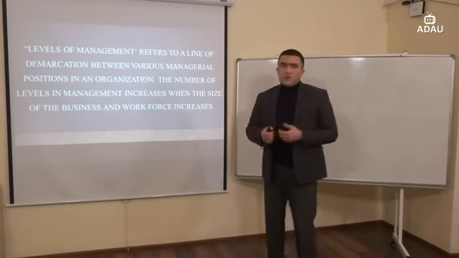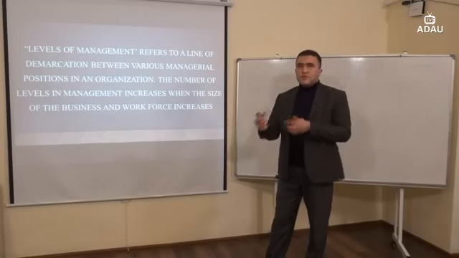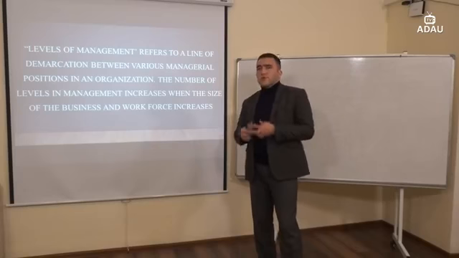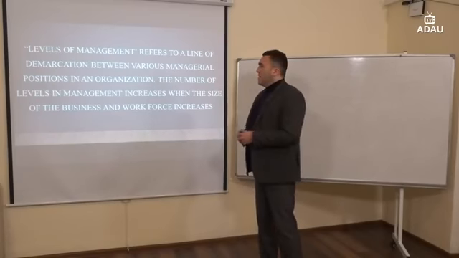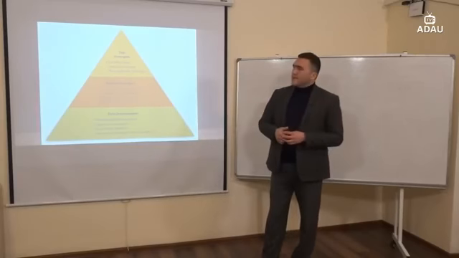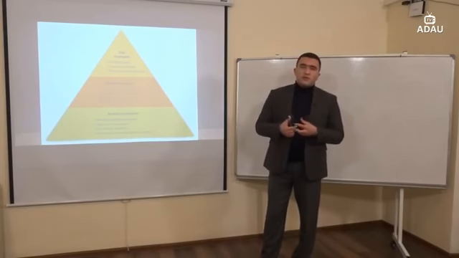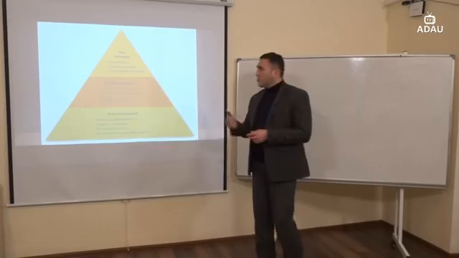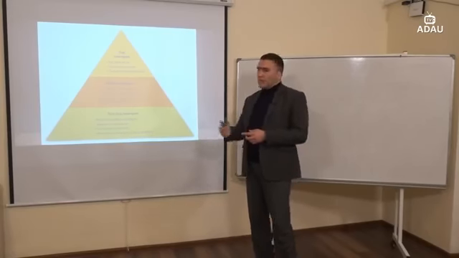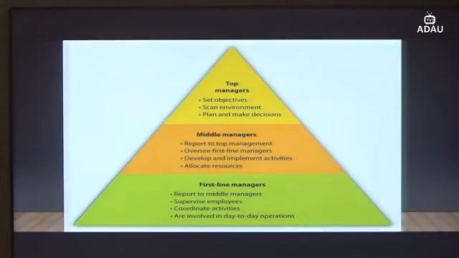The number of levels of management depends on the size and the workforce of the organization's activity. In common, any organization has three types of management levels. They are top management or top level managers, middle management or managers, and the first line managers or operative management or lower level management. So there are three types of management levels.